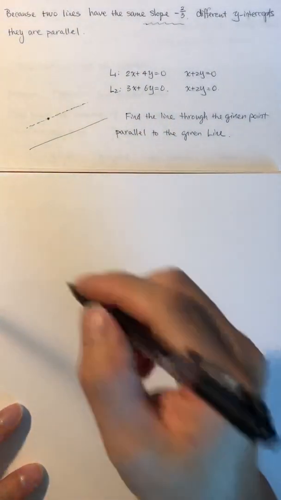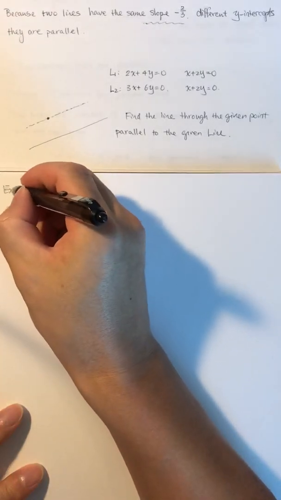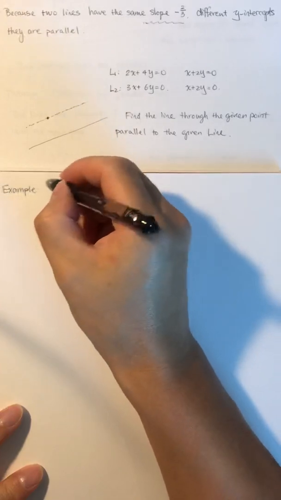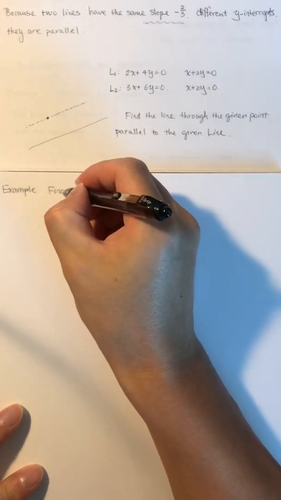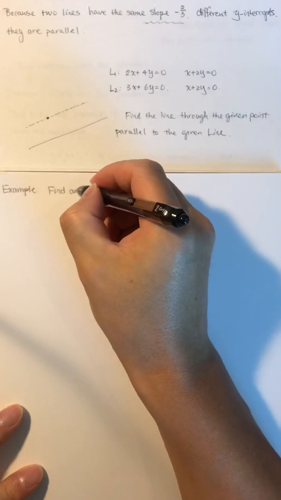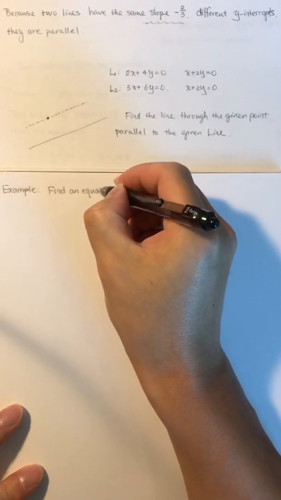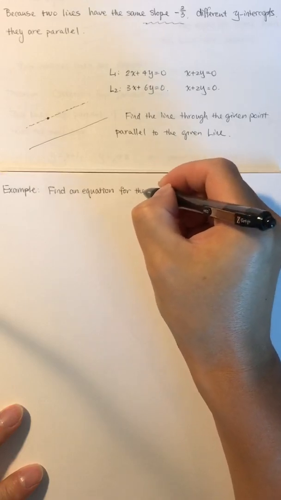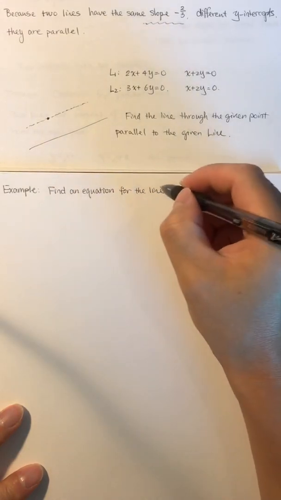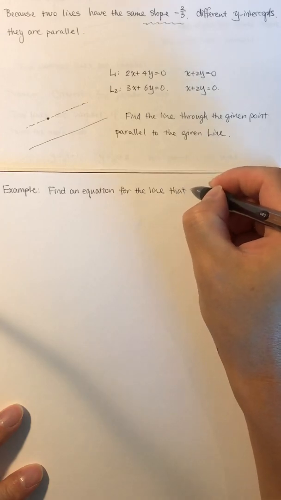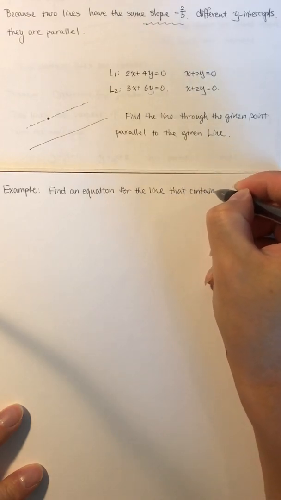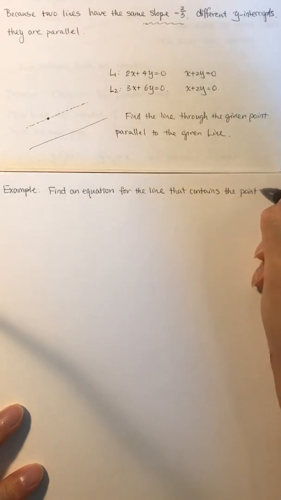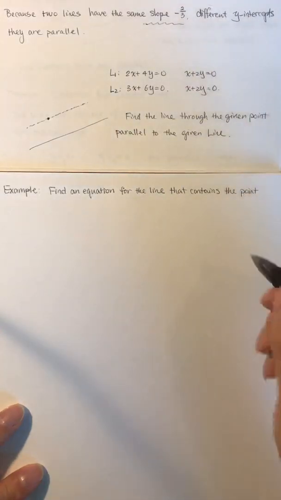Let's do one example. Find an equation for the line that contains a point, passes through the point, the same meaning.